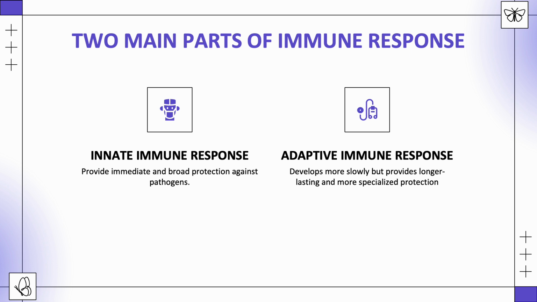There are two main parts of the immune response: the innate immune response and the adaptive immune response. The innate immune response provides immediate and broad protection against pathogens, and then it will be followed by the adaptive immune response, which develops more slowly, but provides longer lasting and more specialized protection.